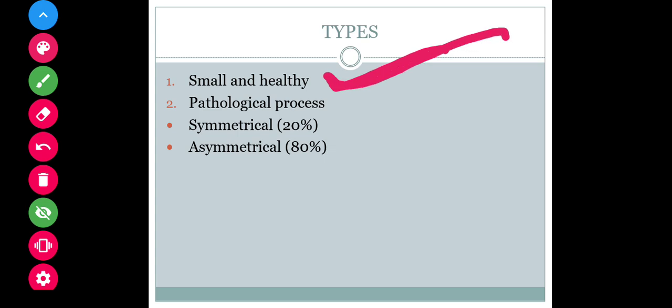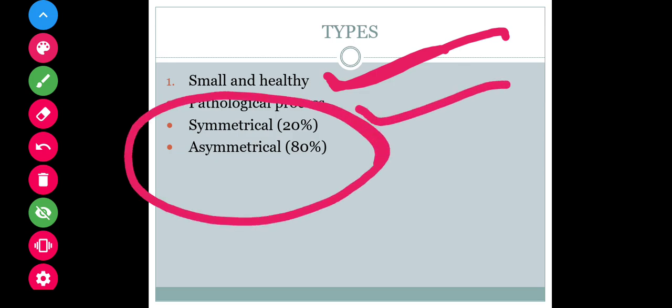The second is a pathological process, which is abnormal. In that, there are symmetrical and asymmetrical types. Symmetrical is 20%.